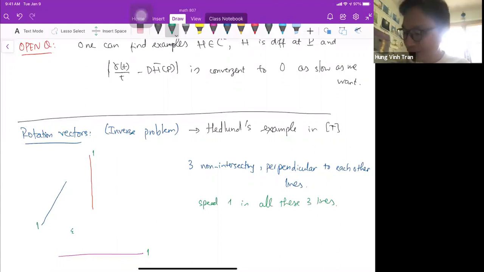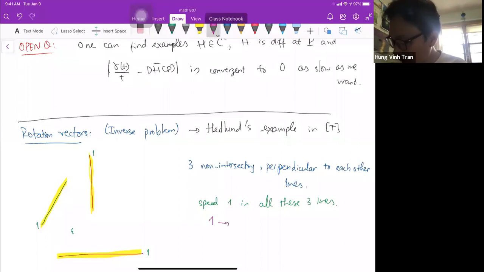Of course you can create narrow tubes around the freeways, with cut-off functions so the speed decreases from 1 to epsilon on the tubes around the three lines, and the speed is epsilon outside of the three lines.